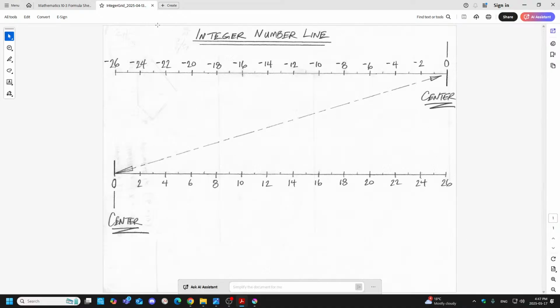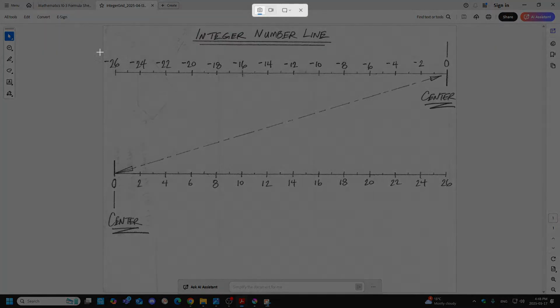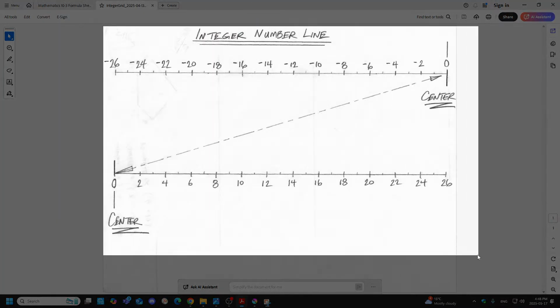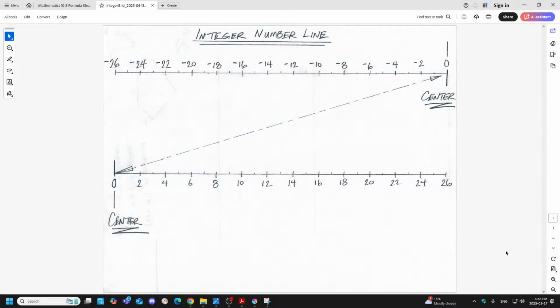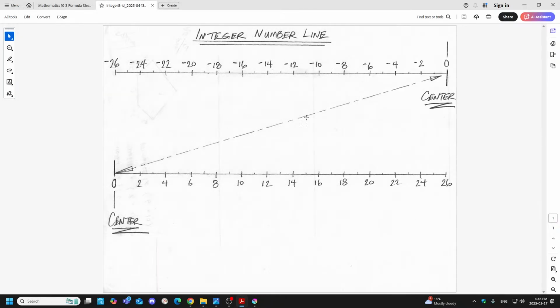So you guys could screenshot this or use a snipping tool, and then save it and print it, and then just cut it in half if you want, and then connect the zeros.